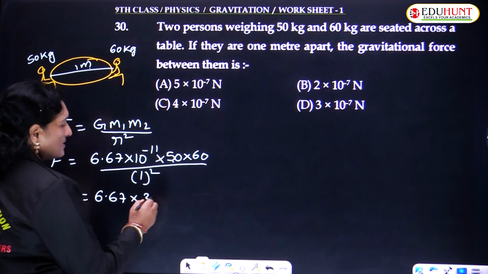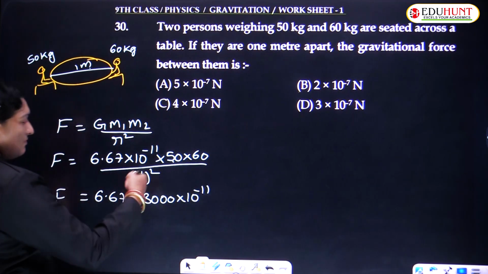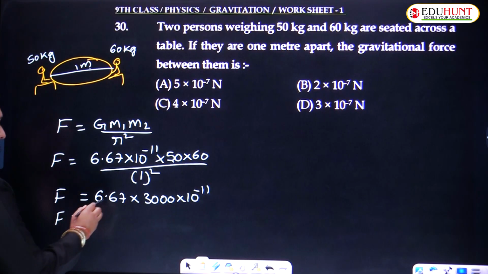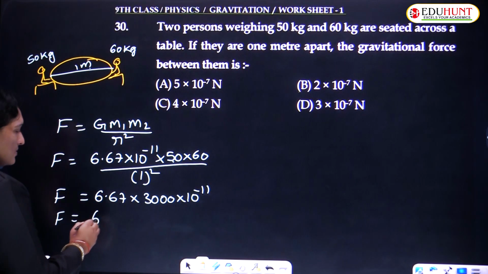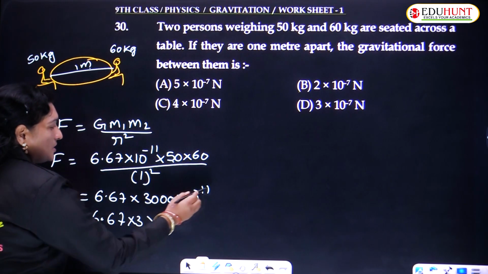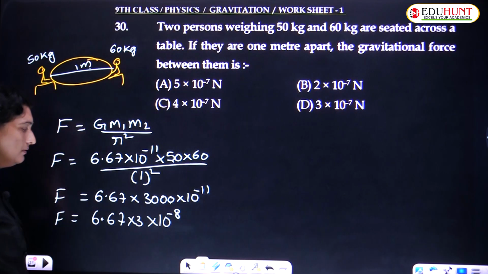You'll be getting it as 3000 multiplied by 10 power minus 11. 1 square is 1, so no need to write. Or F can be written as 6.67 times 3000, that is 6.67 into 3. These 3 zeros, if added here, it will become 10 power minus 8.